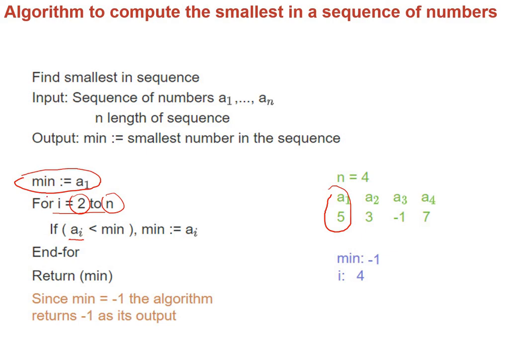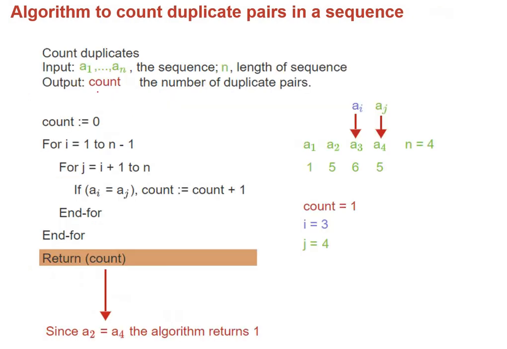If any number is less than this minimum value, we set the min equal to that number, and that goes through the whole sequence and then returns the minimum value. That's the algorithm, and then in the next video I'll show you how to convert this into Python syntax.